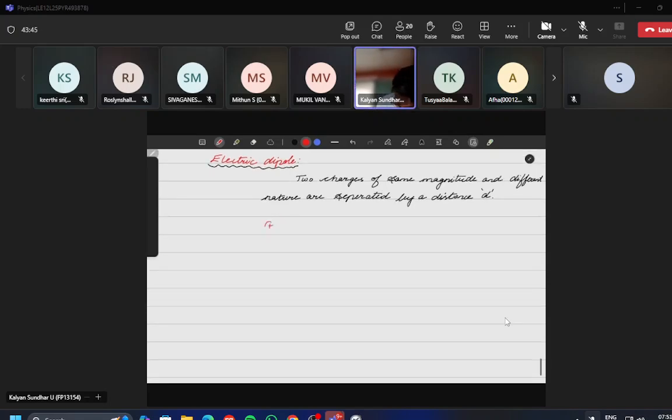So positive charge, negative charge, they are separated by a distance d.